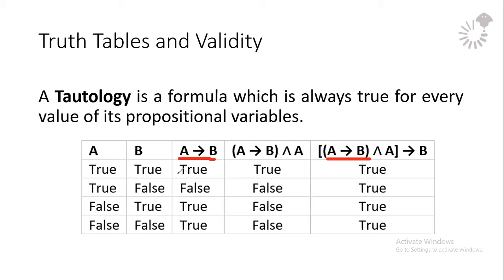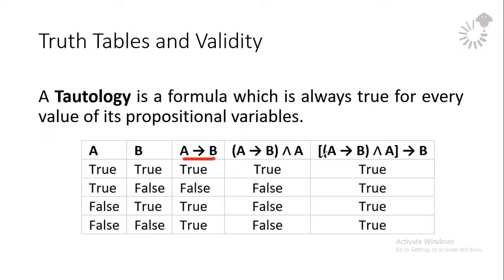For implication, if A is true and B is false, A implies B is false. The rest are true. So true implies true is true. True implies false is false. This is the false. And the rest are true. True, true. That is implication.